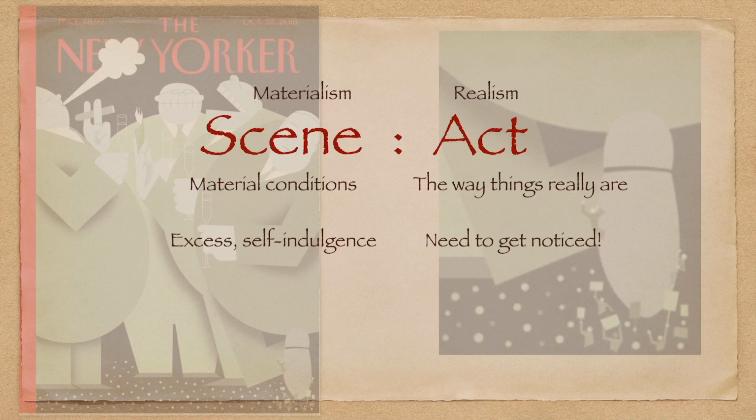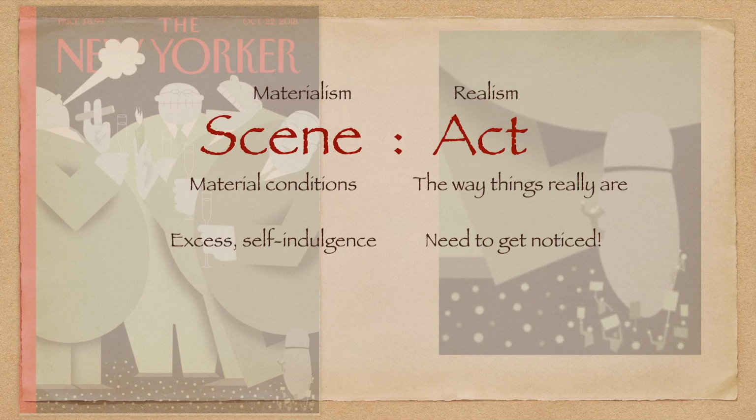You come here and you say, oh my gosh, I get it. So this material excess, this indulgence, this rich indifference, that is what is dominating this particular drama, and it's causing the little people to need to get noticed. That's what's happening in our artifact.